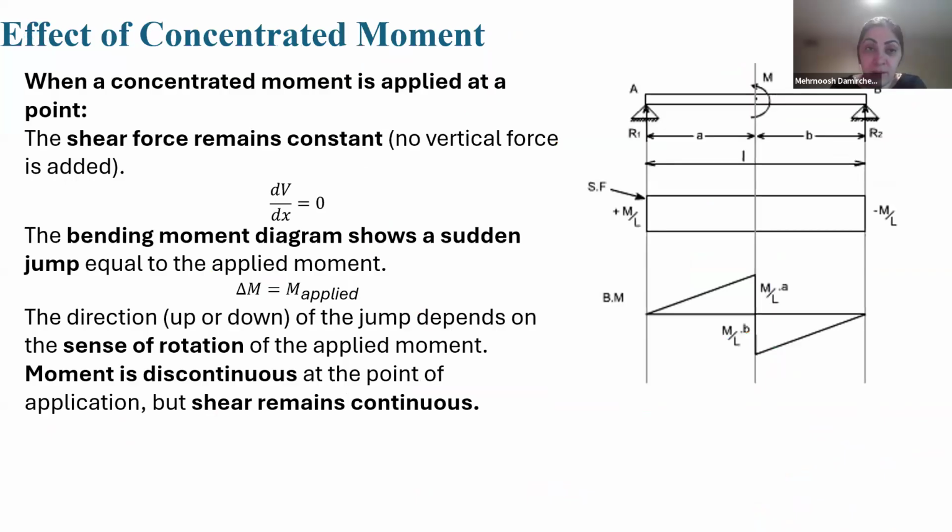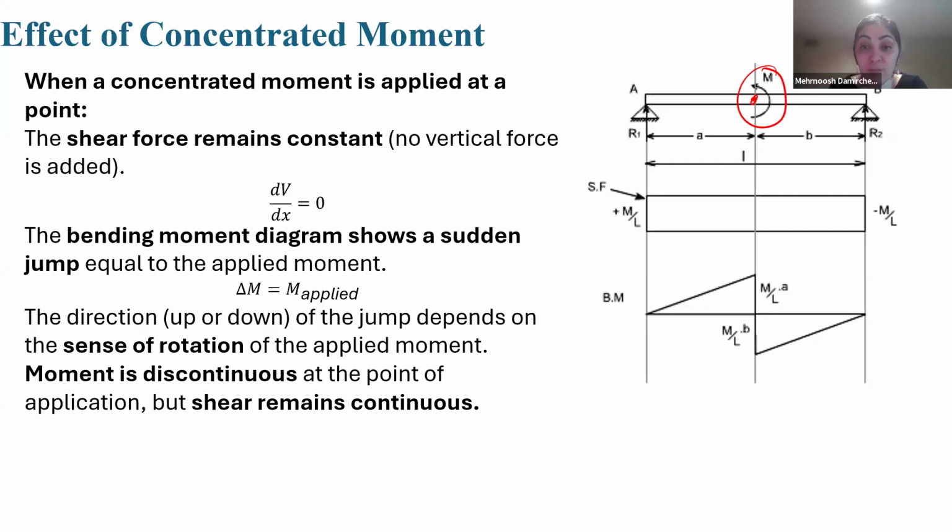Okay. Effect of concentrated moment. We talked about concentrated force. Now we want to talk about concentrated moment. When a concentrated moment is applied at a point, the shear force remains constant. As you see here, we have a concentrated moment, but no change in shear force at all, because no vertical force is added.